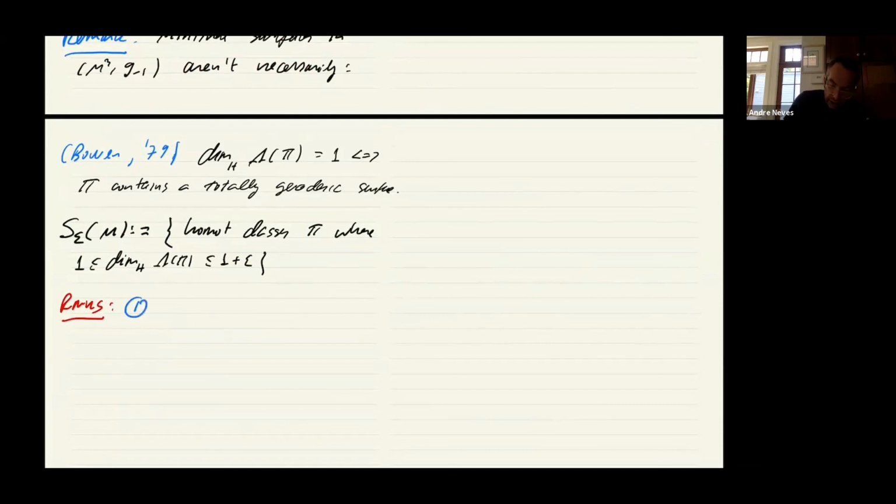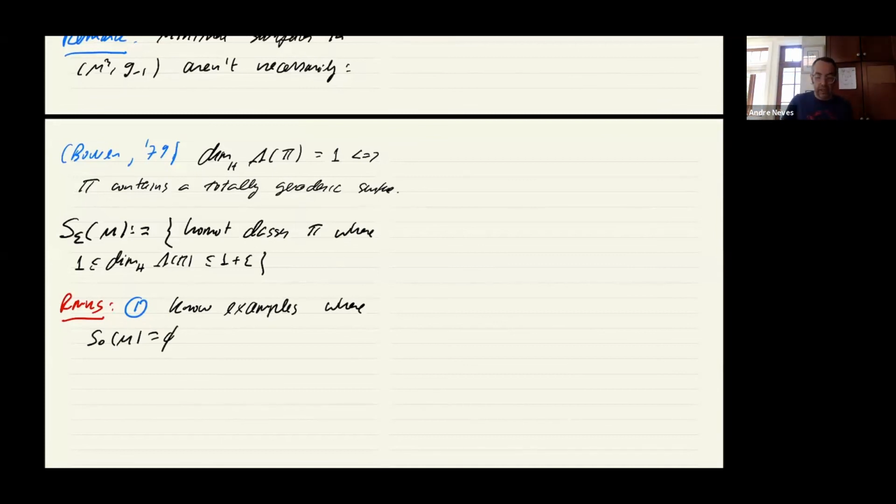The first remark is that there are known examples. This is due to Alan Reid, the first example, if I'm not mistaken, where this set is empty, where you never have a homotopy class whose Hausdorff dimension of the limit set is exactly 1.